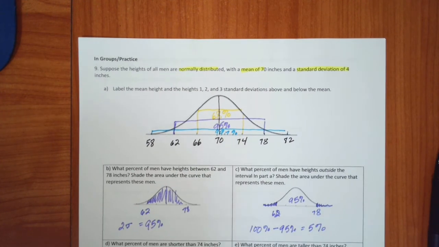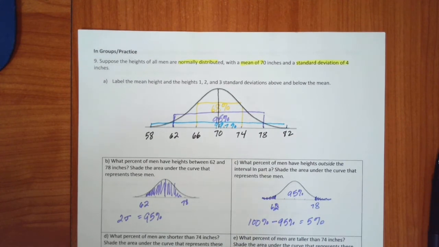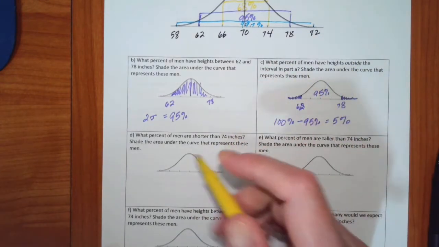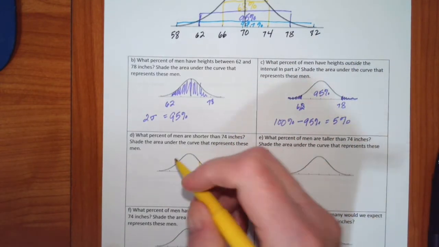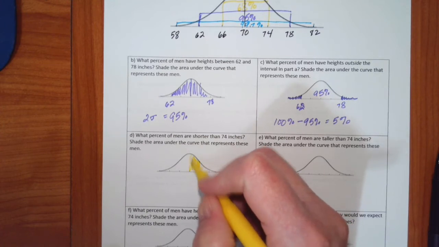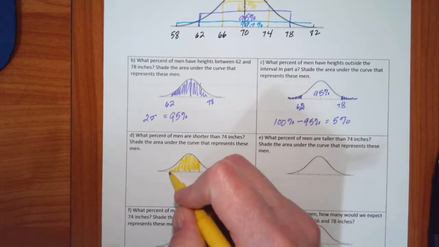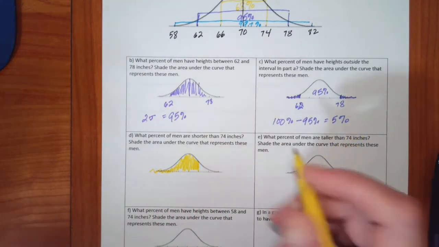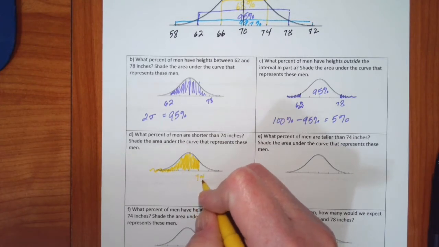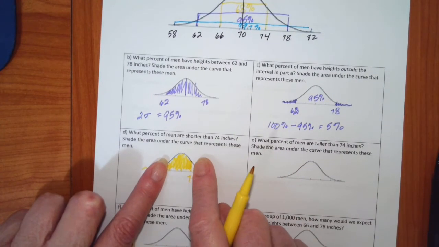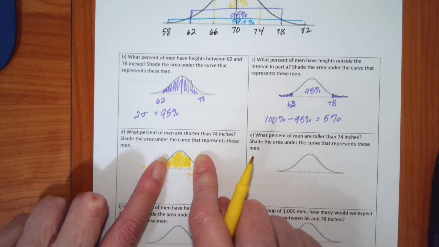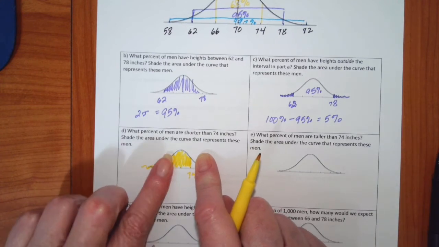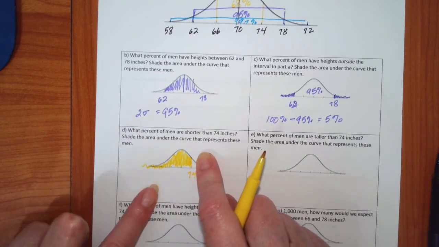Okay. All right, what percent of men are shorter than 74 inches? Okay, well, we see 74 here as 1 standard deviation. So what we're looking for is everything. Now, what we know about 74 inches is that it's 1 standard deviation, so in between here is 68%. But I need to know this other half.